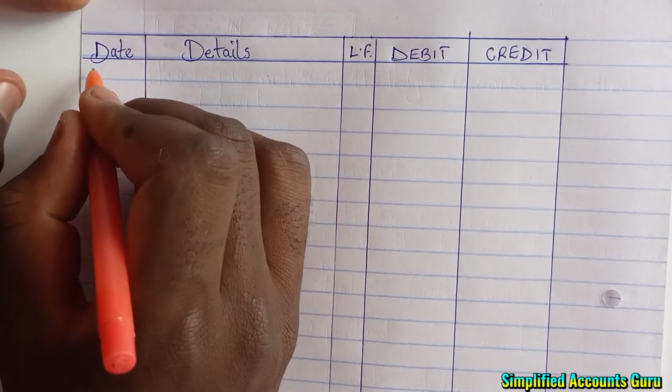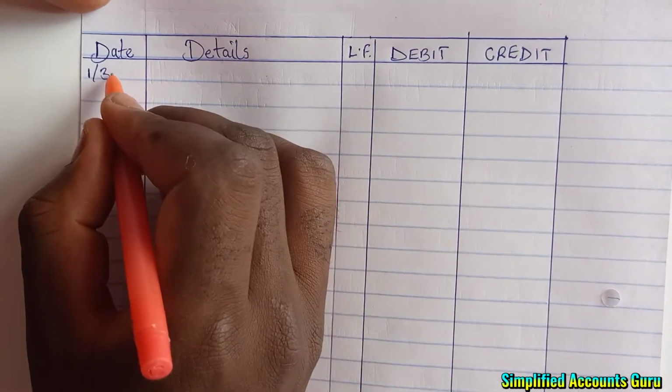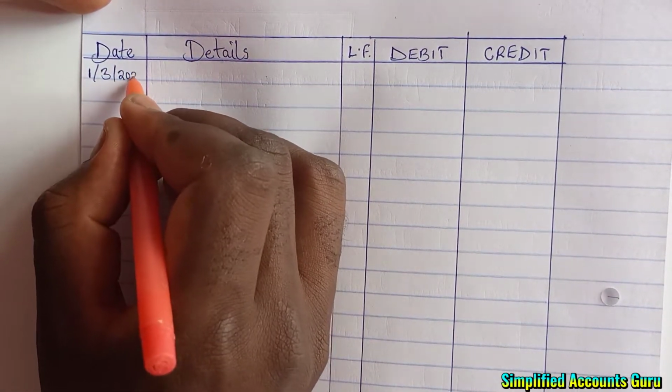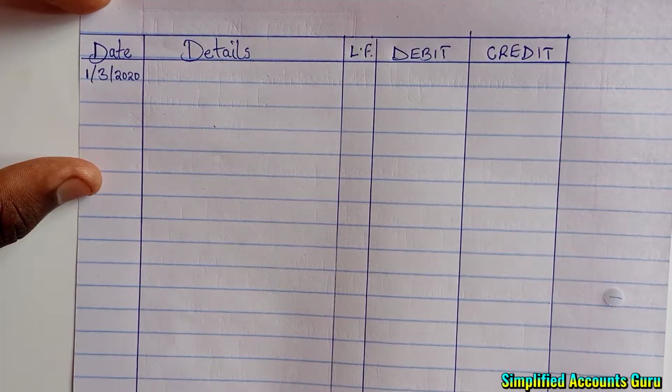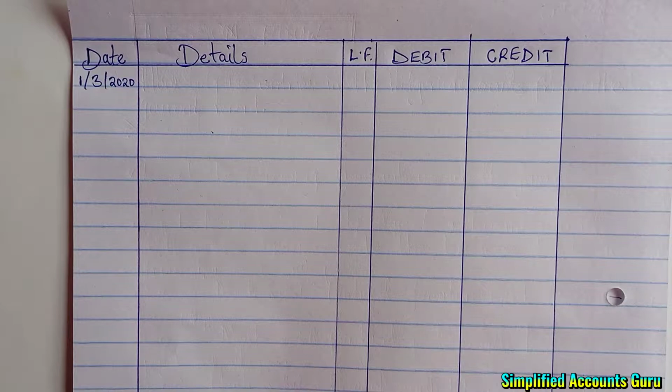The date was 1st March 2020. The two accounts that have been affected here are capital and cash at bank, or the bank account. We have got an increment in the two accounts.